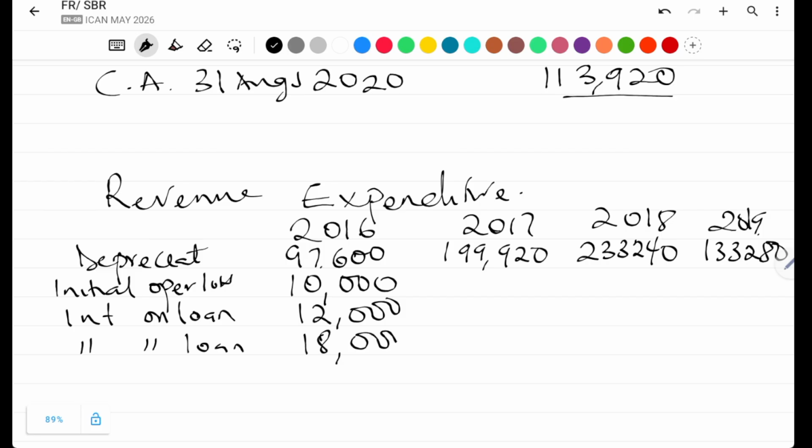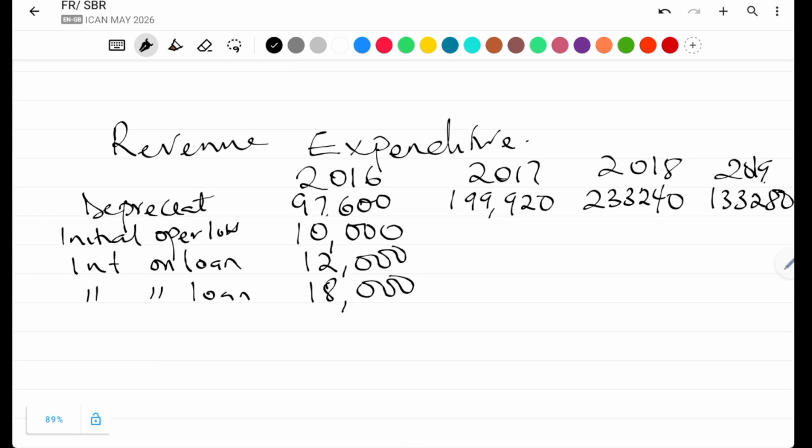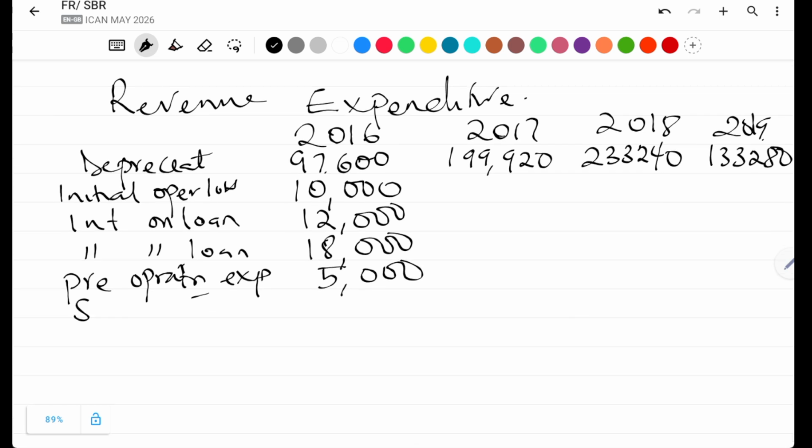So we're going to treat borrowing costs and see how we capitalize that. Then we have pre-operational expenses. The pre-operational expenses is 5,000. Then we have staff training, which is an expense. And they all happened that year. That's why they all fell under 2016.